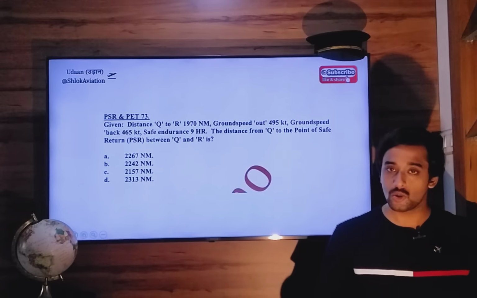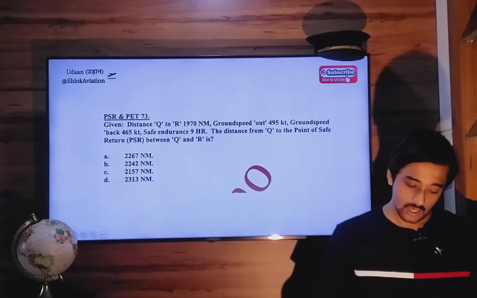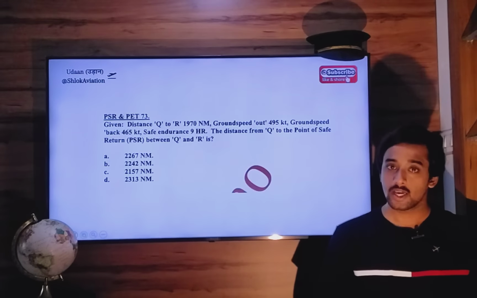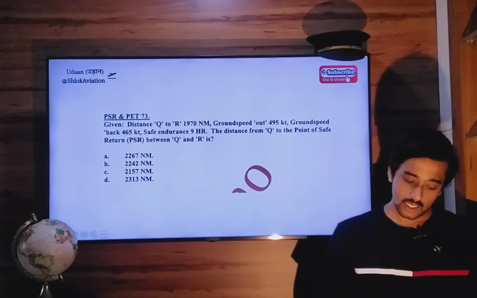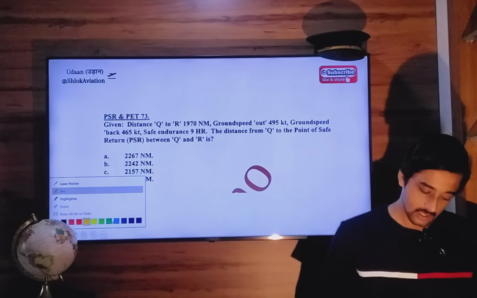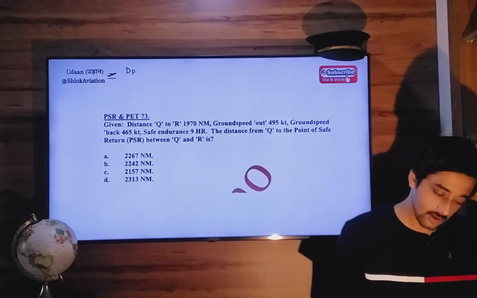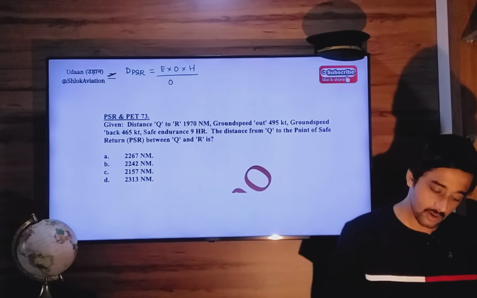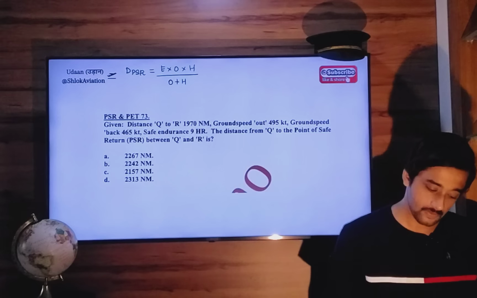73. Distance Q to R 1970, outbound speed 495, homebound speed 465, endurance 9 hours. Distance from Quebec to the point of safe return is what? So, distance to point of safe return equals endurance into outbound into homebound divided by outbound plus homebound.